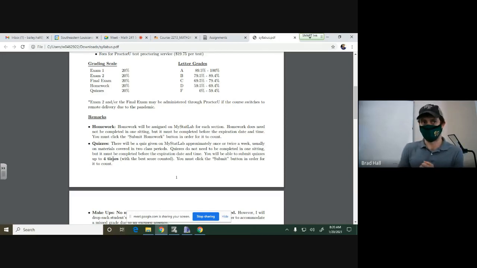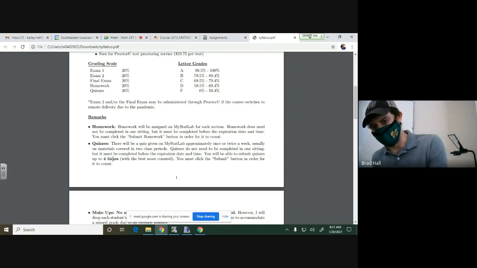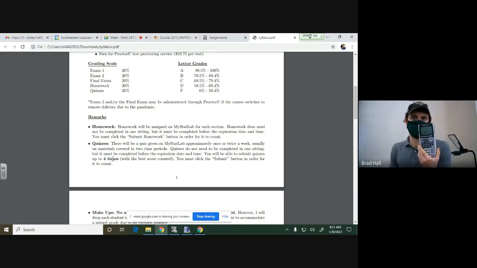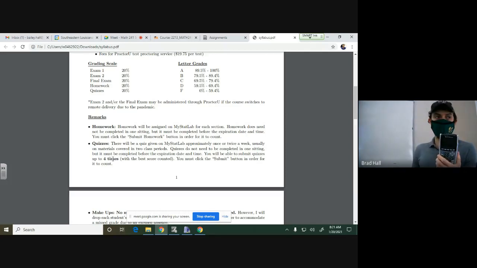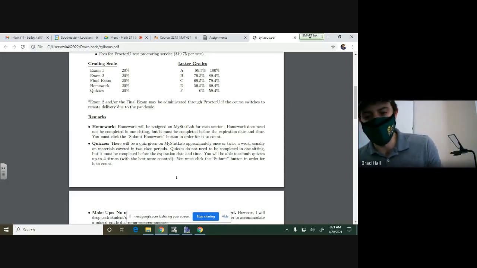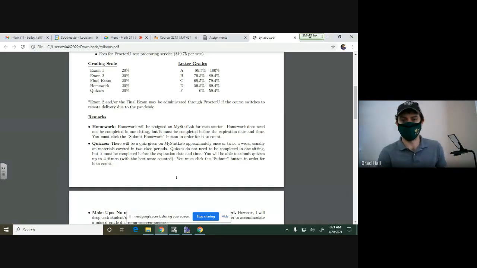So that's different: homework and quizzes online, exams on paper, in class. That means by that point, you should 100% have a physical, tangible calculator. I'm not going to allow the phone as a calculator. So you need to have a physical calculator by that point, especially. Definitely get it sooner though.